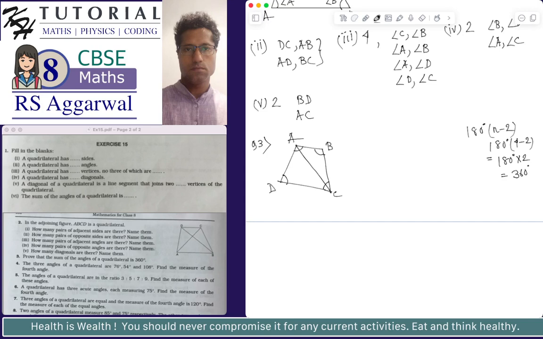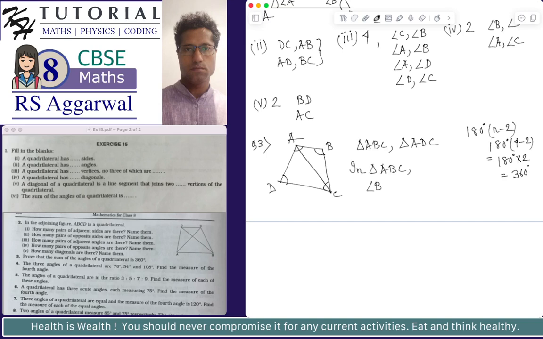Now you will see that the diagonal AC has divided the whole quadrilateral into two triangles, triangle ABC and triangle ADC. Now we will use the angle sum property of a triangle. We know that the sum of the angles of a triangle is equal to 180 degrees. So in triangle ABC, angle B is an angle of triangle ABC, and also an angle of the quadrilateral ABCD.